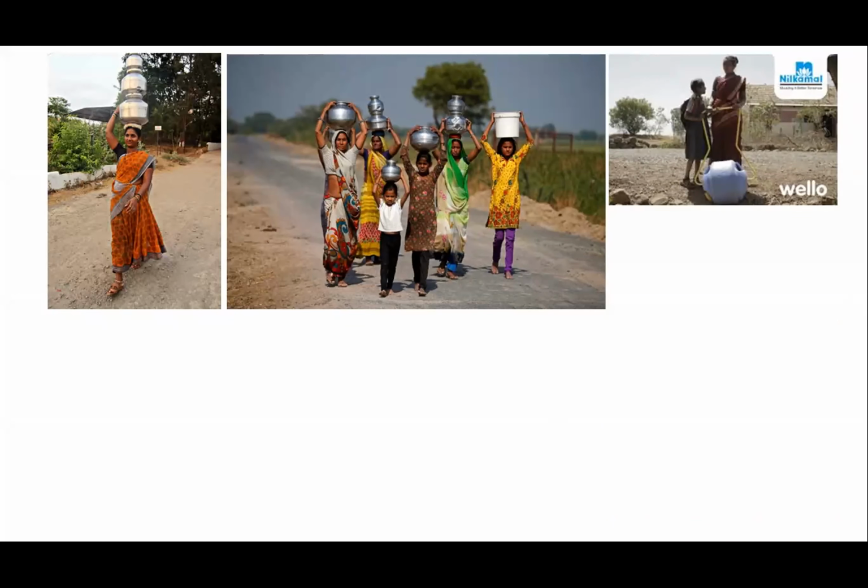So Neel Kamal designed a product called Vello, which was given by an NGO. Here, there won't be any impact of carrying the water. The whole village will benefit from it.